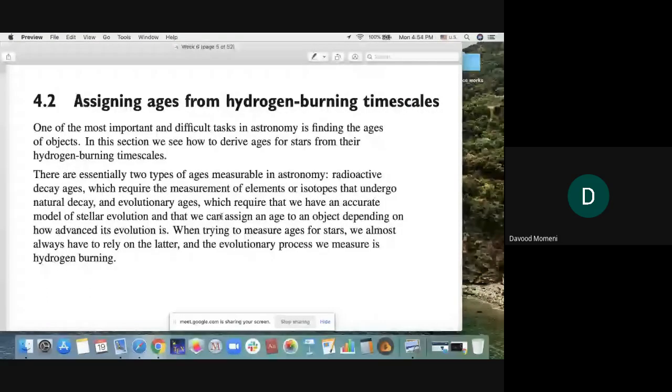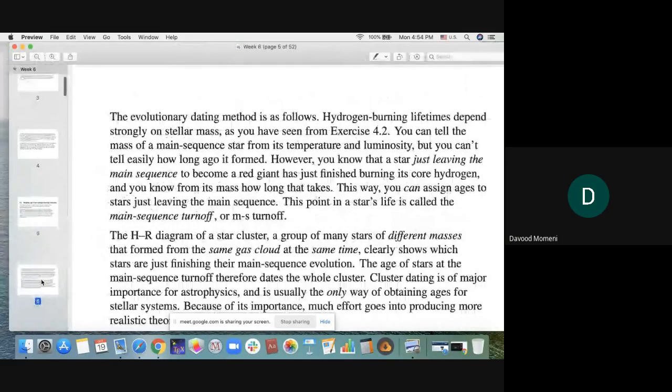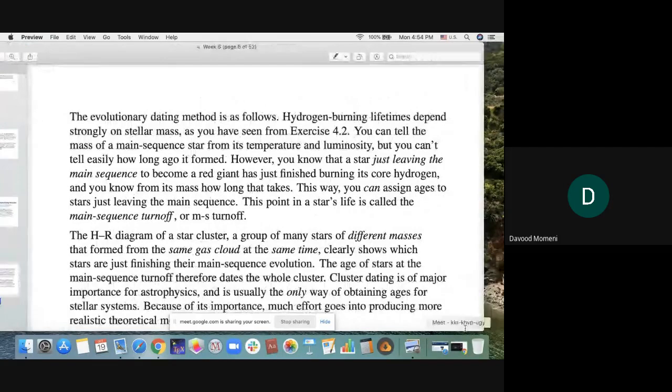What we do to assign the age for a star is that we mix the hydrogen burning lifetime with the evolutionary process, a combination of all of them. What is the evolutionary method?